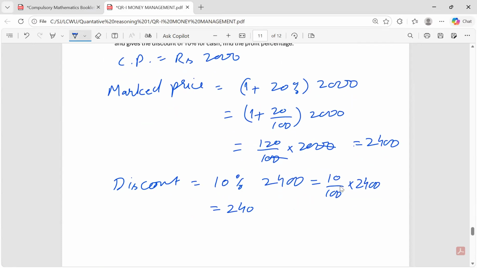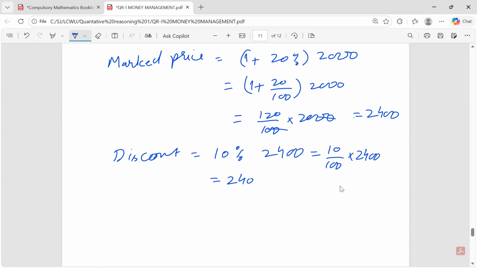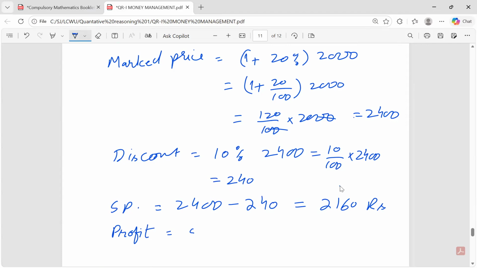So the remaining amount, the sale price, becomes 2400 minus 240, equal to 2160 rupees. Profit is sale price minus cost price, that is 2160 rupees minus 2000, equal to 160 rupees.